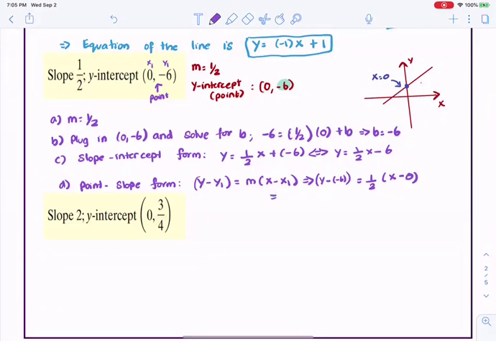So it would reduce to y, negative times negative 6 is positive 6, equals 1/2 x minus 0, which is simply 1/2 x.